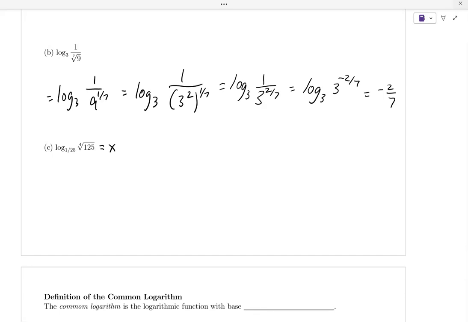How do we change this from a logarithmic expression, a logarithmic equation, into an exponential form? How do we rewrite this as an exponential form? We did this last time. One over 25 to the what power?